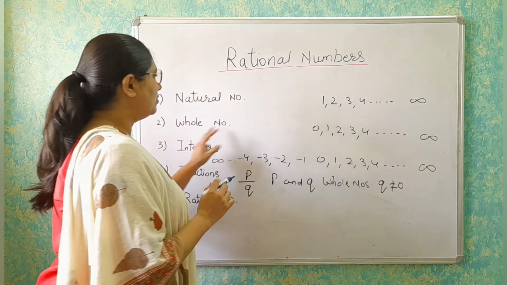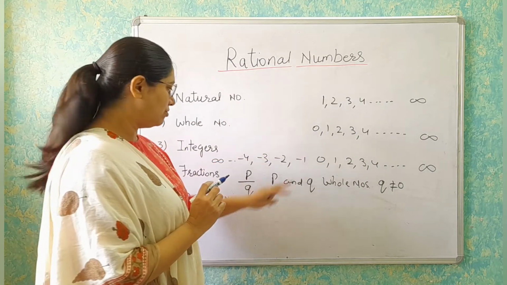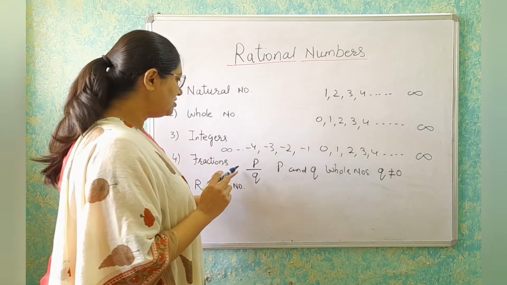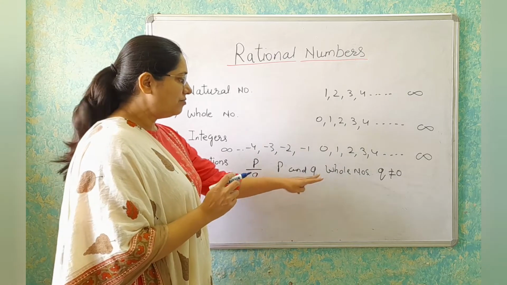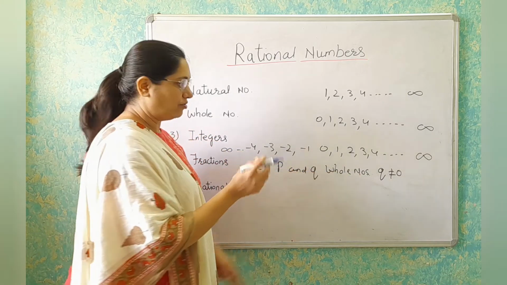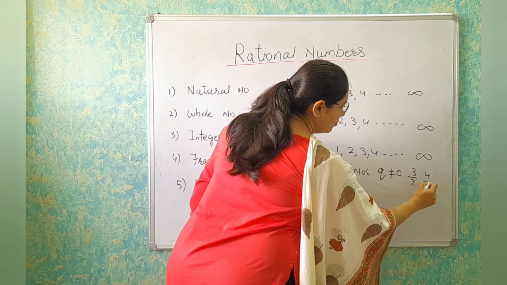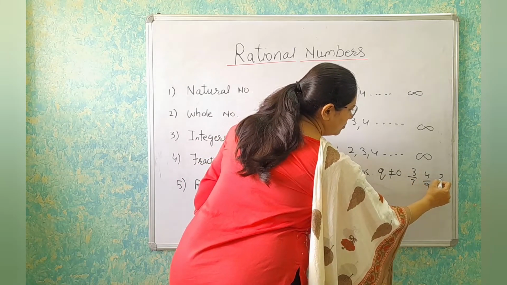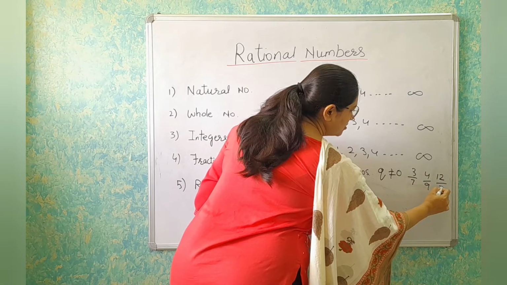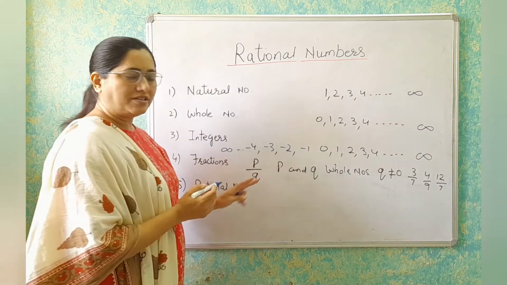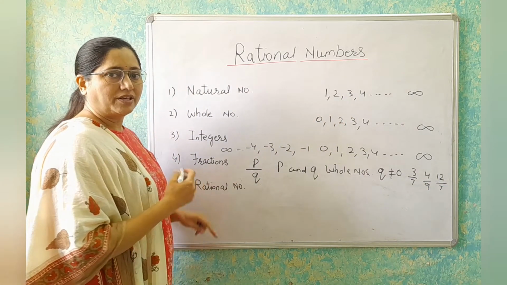As you know, whole numbers include 0 also. But in case of fractions, p and q are whole numbers, but q is not equal to 0. For example, 3 upon 7, 4 upon 9, 12 upon 7. So all these numbers are fraction numbers.